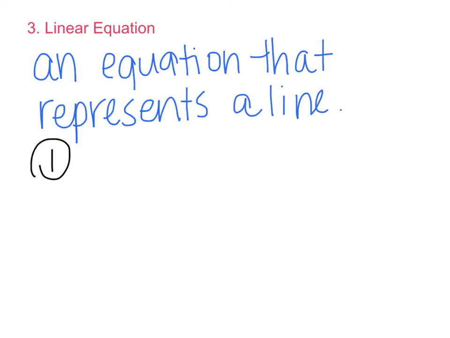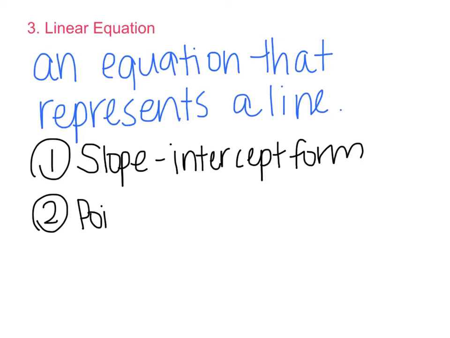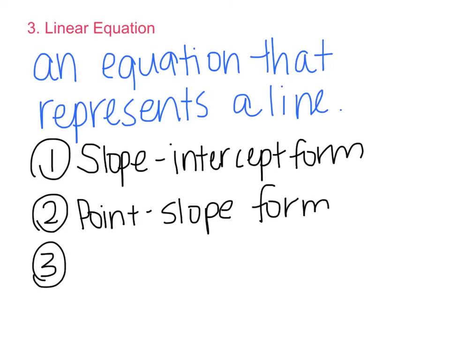The first one we're going to talk about today is going to be slope-intercept. Tomorrow we're going to talk about the other 2 ways, which are point-slope and then standard form.